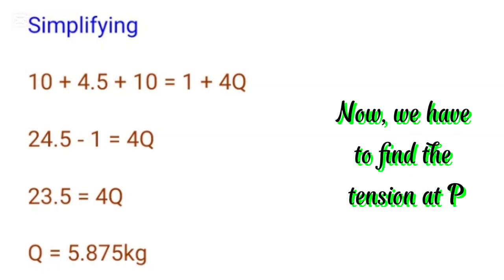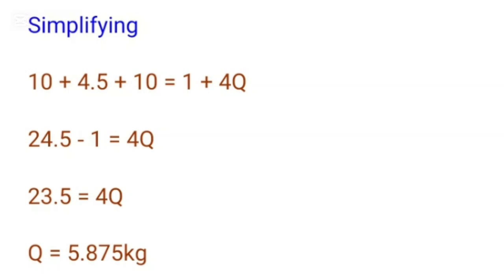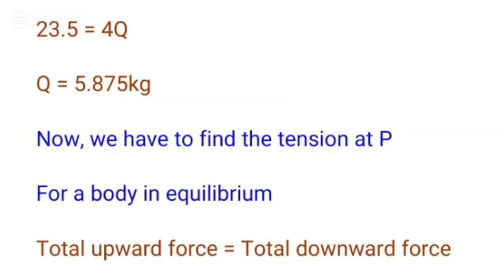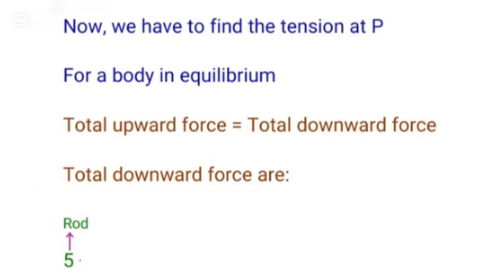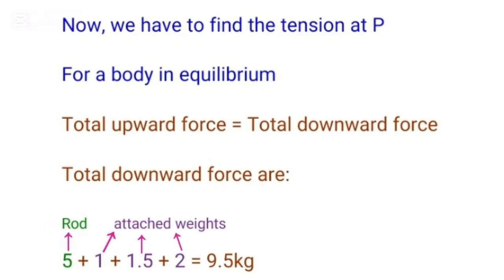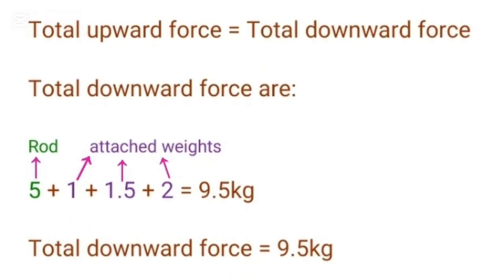Now we have to find the tension at P. For a body in equilibrium, total upward force is equal to total downward force. So total downward force is rod 5 kg, attached weights 1 plus 1.5 plus 2. So total downward force is equal to 9.5 kg.